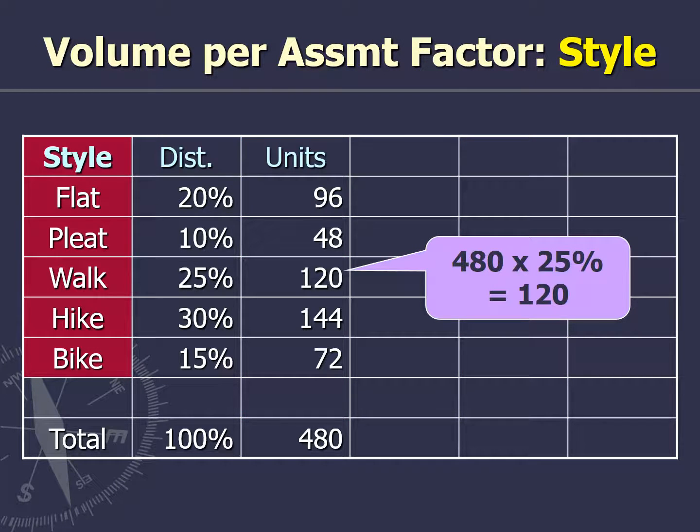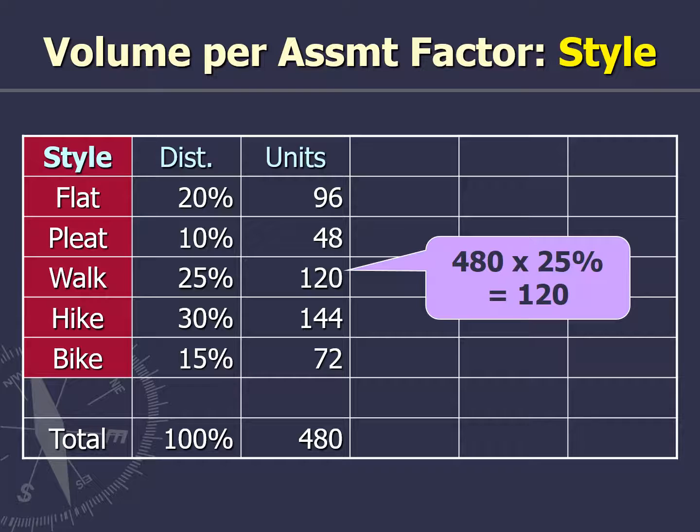Then, given the assortment distribution plan, you can now calculate the volume for each level of the assortment factor. For example, for the style assortment factor, you had 5 different levels: flat, pleat, walk, hike, and bike. For each of these levels, you can calculate the volume, the number of units that you need to buy. Based on the model stock plan, we know the total volume was 480 units.